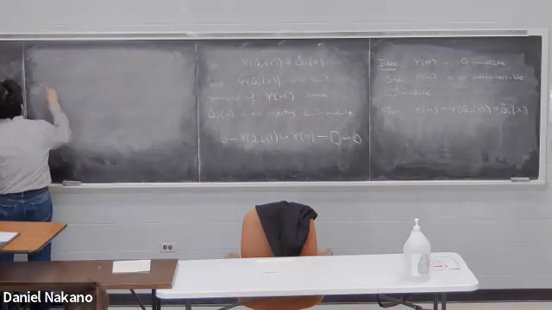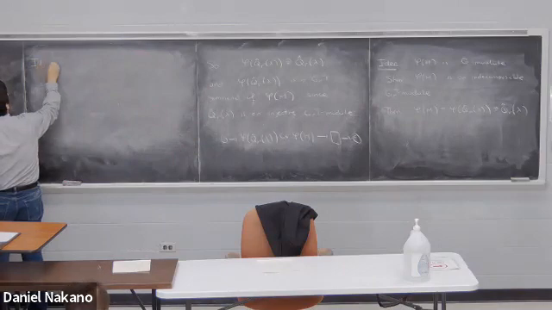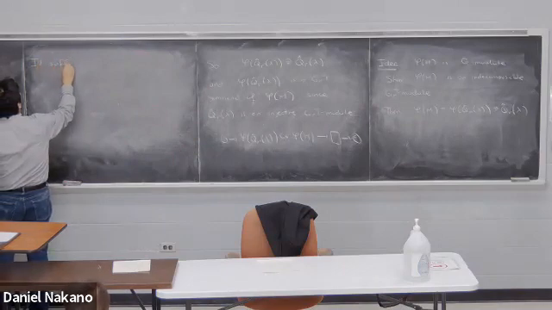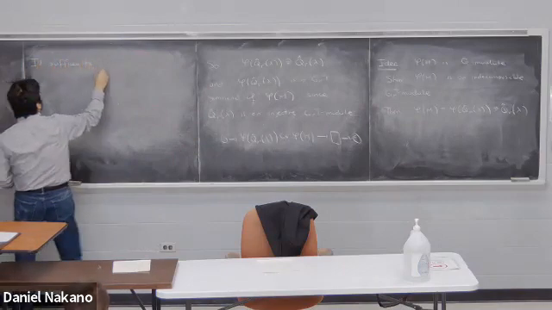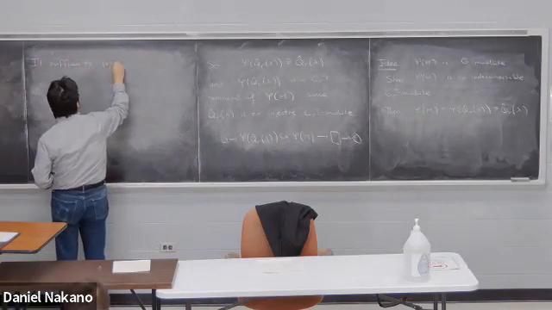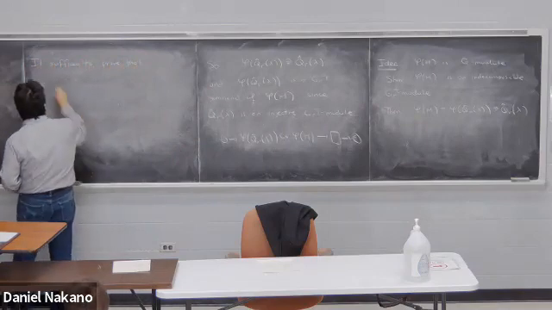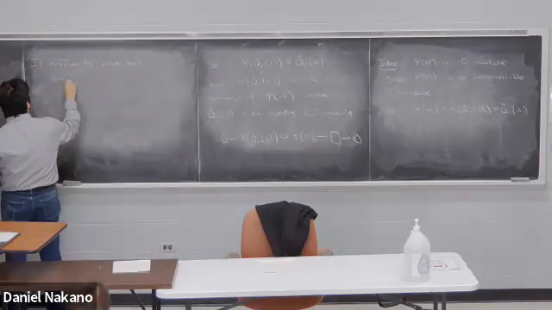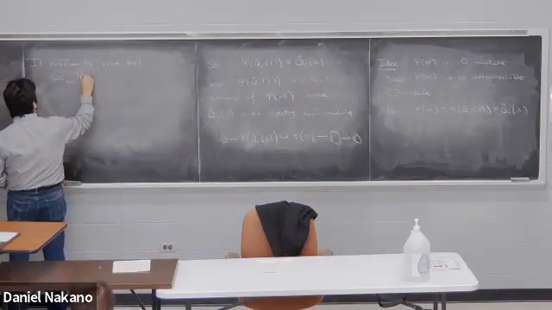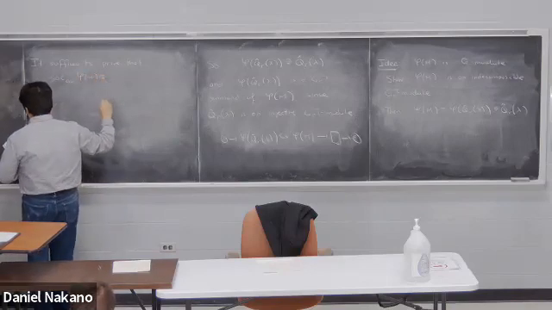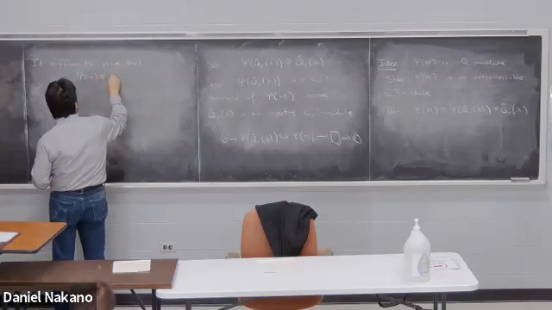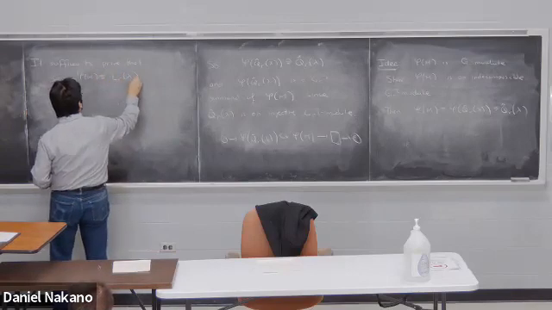Okay, so it suffices to prove that the socle over GR of phi of M is actually equal to LR of lambda.